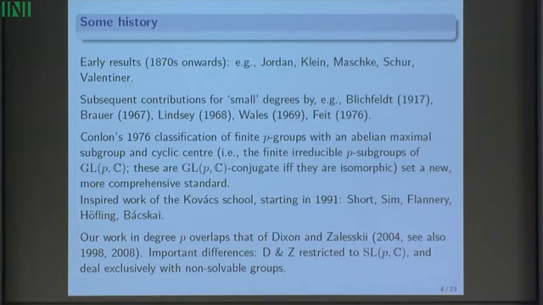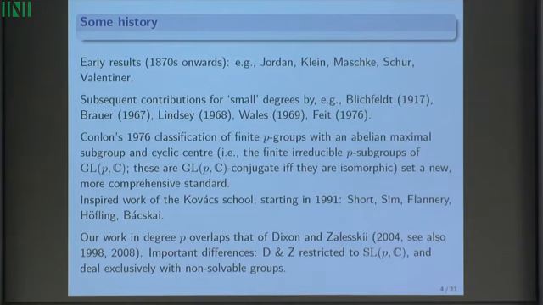They are concerned only with non-solvable groups and restricted to SL. Now, there's quite a difference between classifying in SL and classifying in GL. That's a paraphrase of a comment by Walter Feit. He eventually became convinced of that point of view as well.